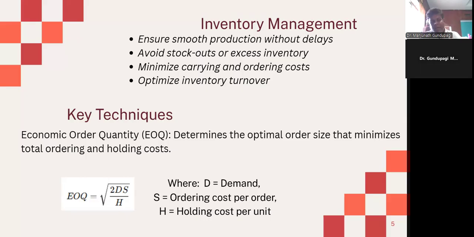So what are the various objectives? The objectives of receivables management: to increase sales by offering credit facilities, maintaining an optimal level of receivables, reducing the collection period and bad debts, improving cash flow and liquidity.